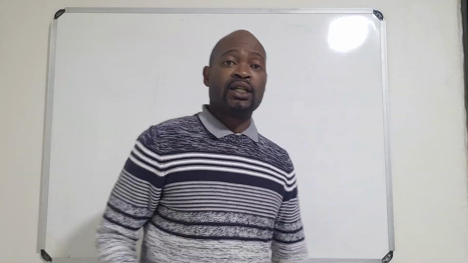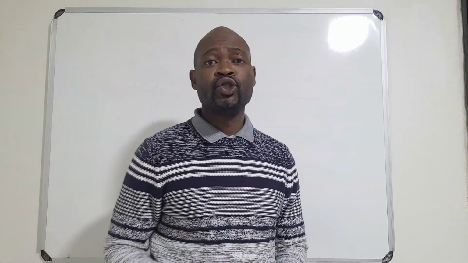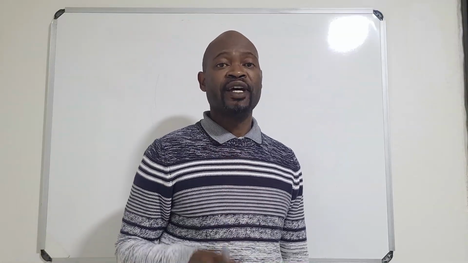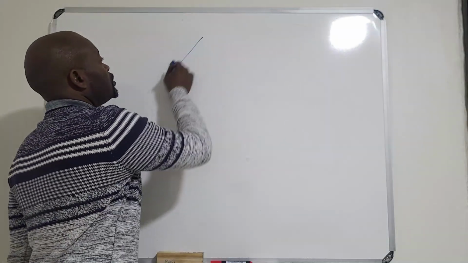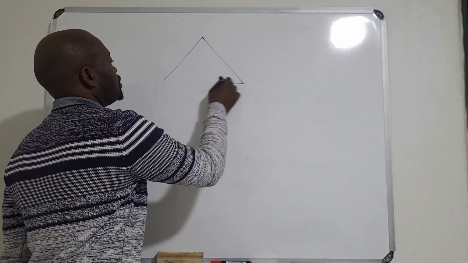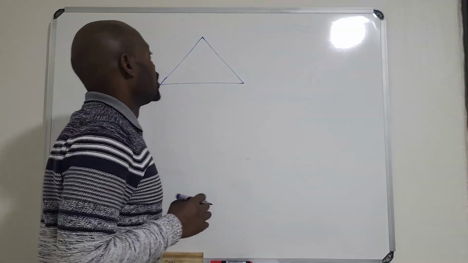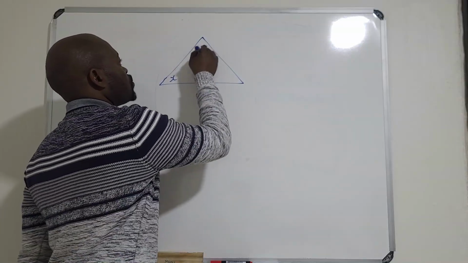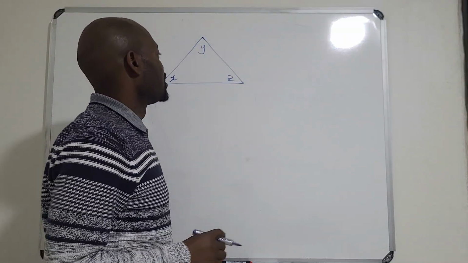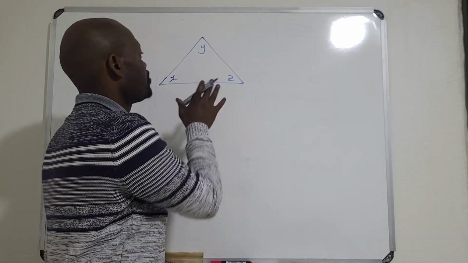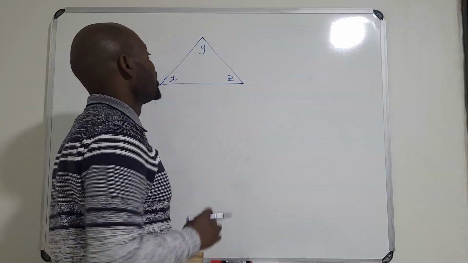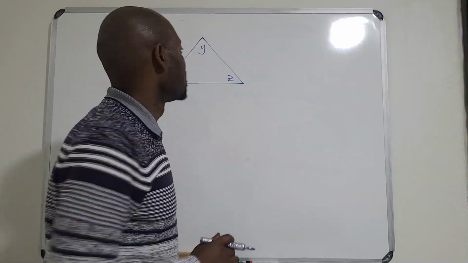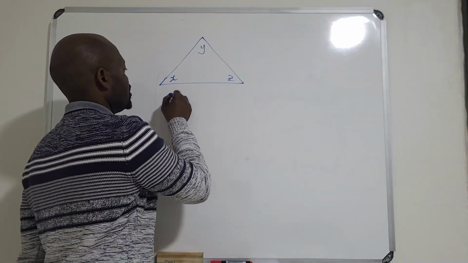Now, I just want to remind you of the two main properties of interior angles of a triangle. For a triangle with angles x, y, and z, the first property tells us that the sum of interior angles of a triangle are supplementary.